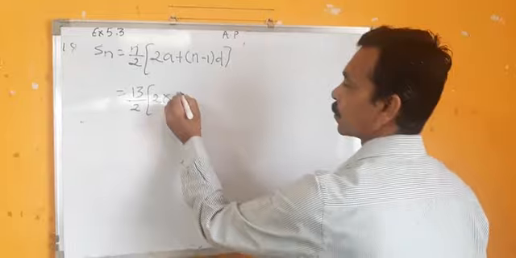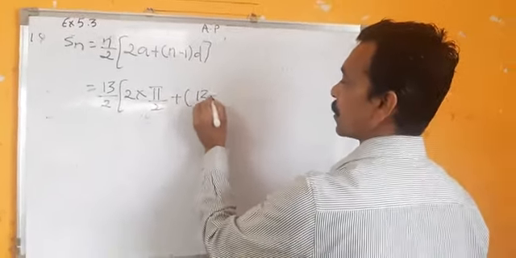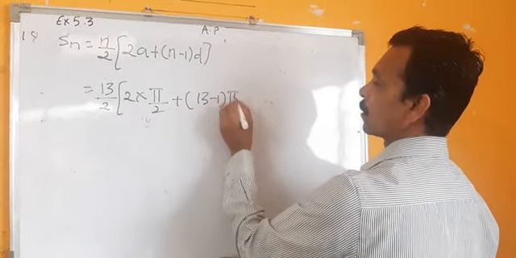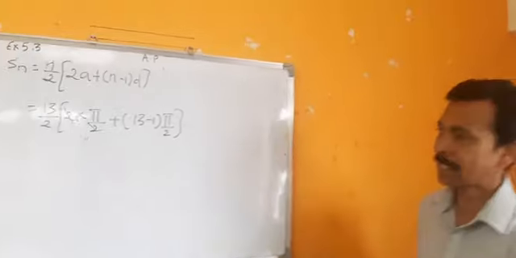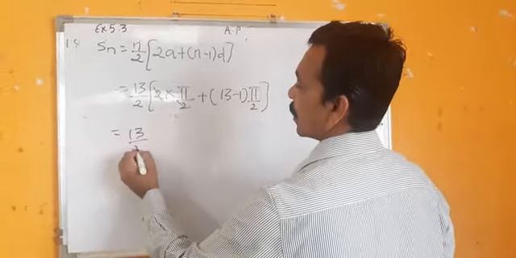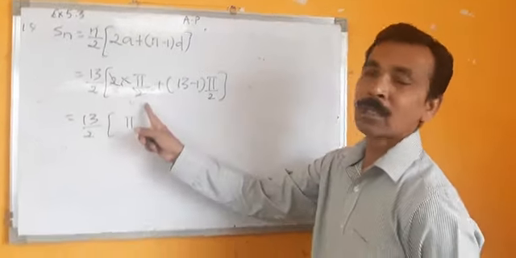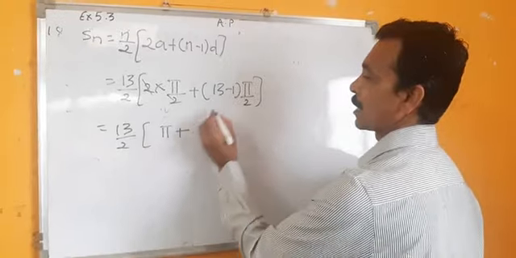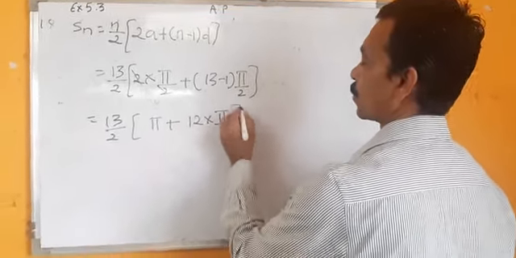Pi upon 2, plus n minus 1 means 13 minus 1 into d, which is pi by 2. These 2 and 2 get cancelled because there is multiplication here. It is equal to 13 upon 2 into, what is left here? After the 2 and 2 get cancelled, pi is left, plus 13 minus 1, 12 into pi upon 2. Divide this.